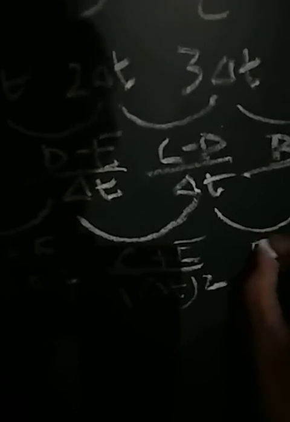B plus D by del t square, and here it will be a plus c by del t square.